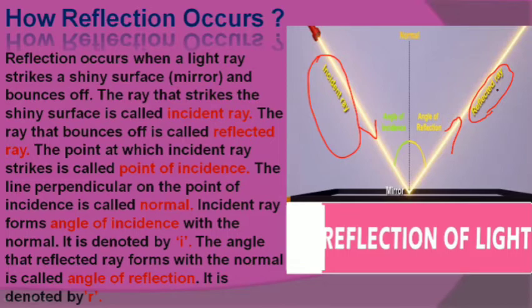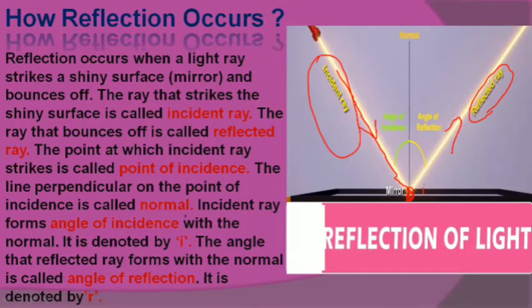The point at which the incident ray strikes is called the point of incidence, I.